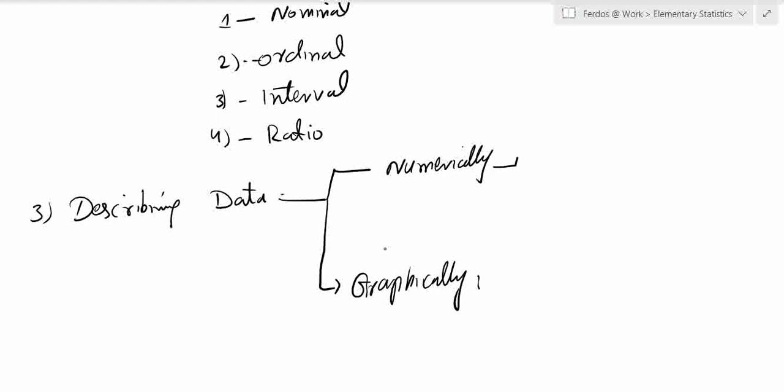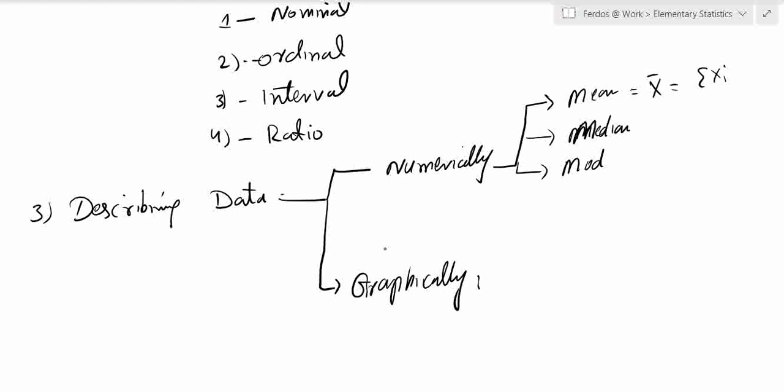Numerically, you can do this by the mean, average, the median, and the third is the mode. I would like to explain the mean: you can denote this by x bar, and this is equal to summation xi divided by n. This is for sample data. For population data, it is denoted by mu.